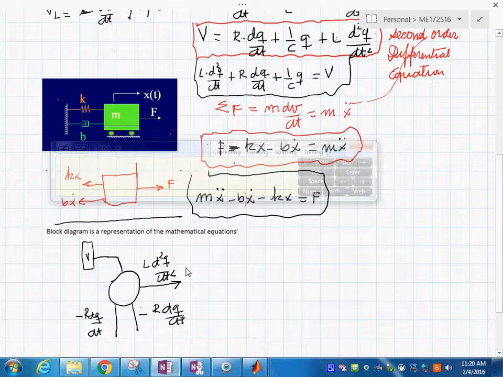Okay, so once you have this, it's easy to see that you could multiply this by L, and this would be d squared q dt squared, and you integrate it once, and then you have dq dt.